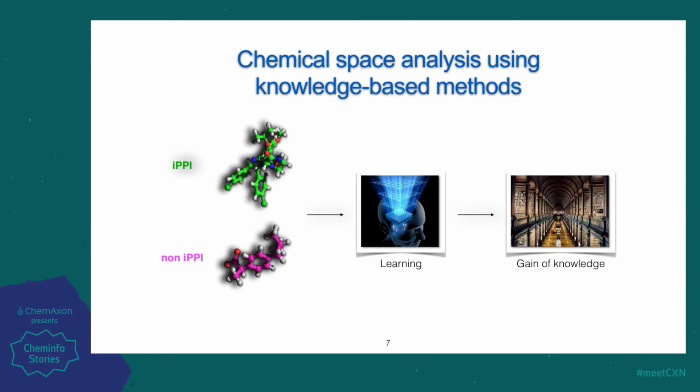Now, in terms of chemoinformatics strategies, it's always interesting to gather a set of compounds, a positive data set, let's say iPPI, inhibitors of protein-protein interaction, on one side, and non-iPPI on the other side, to try to understand what makes those compounds so special through a machine learning process, for example, and try to build models and gain knowledge about the physicochemical properties that explain why such compounds can modulate PPI targets.